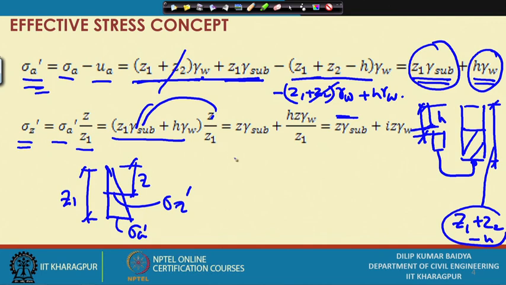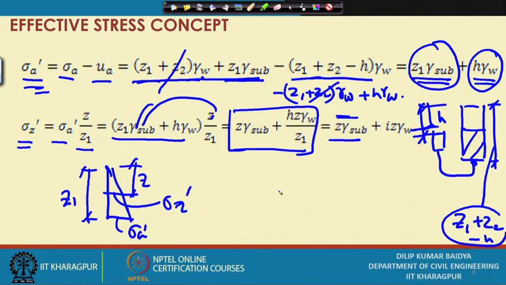So, this is h into z by z 1 gamma w. So, at any depth, this is the effective stress. Now, this can be further simplified: z into gamma submerged we already know, and h by z 1, that means the head loss because of the flow through how much depth.